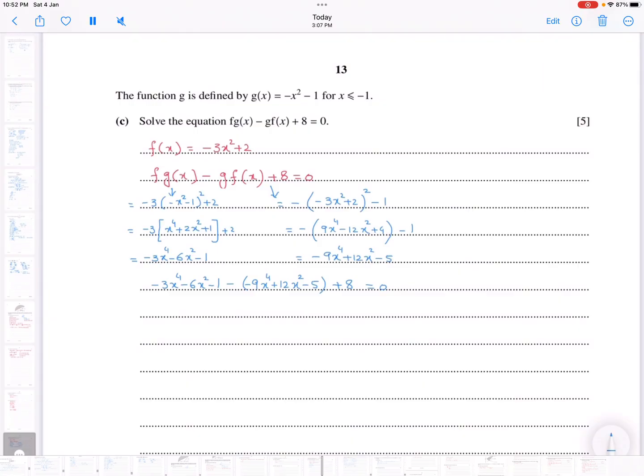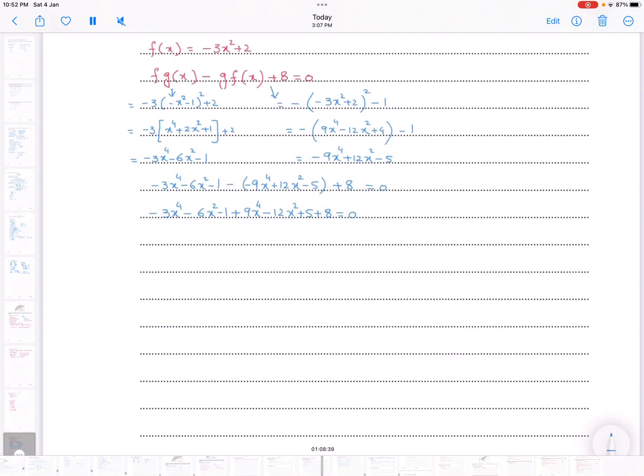Now we have to further simplify: open the bracket, signs will be changed, and like terms will be handled. The x to the power 4 terms, then the x squared terms, and then the constant values. You can further simplify it by dividing by 6.